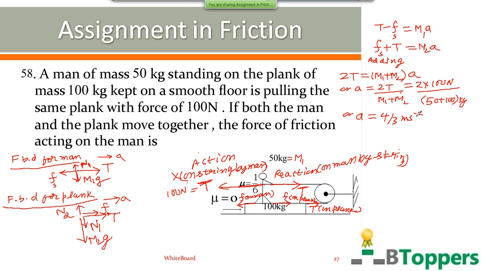You can substitute this magnitude of acceleration in one of the equations at the top. So from the first equation at the top, you can substitute T equal to 100 newtons on the left side minus Fs, M1 equal to 50 kg. The magnitude of acceleration is 4 by 3 meter per second square. From that you get the magnitude of friction between the two.